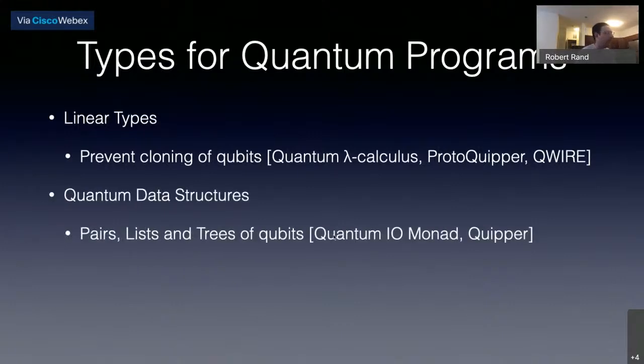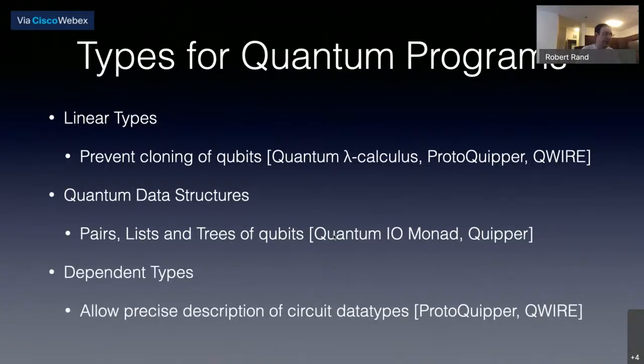Another common type for quantum programs is what I'm calling quantum data structures. There are a bunch of languages, in particular the quantum I/O monad and Quipper, which allow you to create data types like trees or lists or pairs that are full of quantum data.